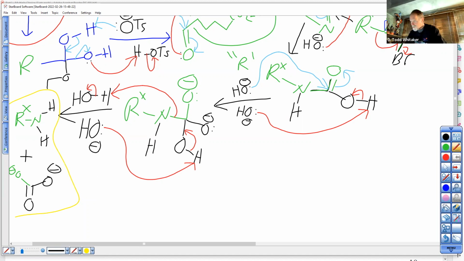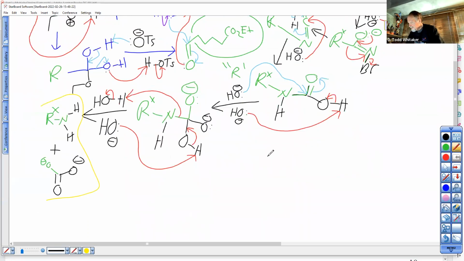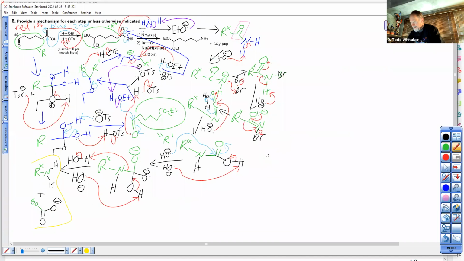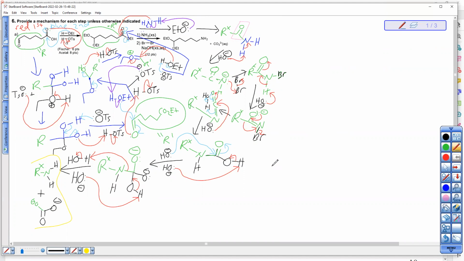And big picture for the whole deal. There's a lot of deal there. Yeah, a lot going on there. That one's hard, the last one. With practice, you know it's coming though, I'm telling you. With practice, I think if you can handle the hydroboration oxidation from 241, this one has more repetition than that one.